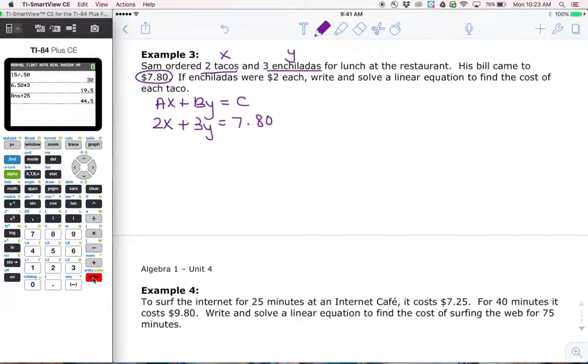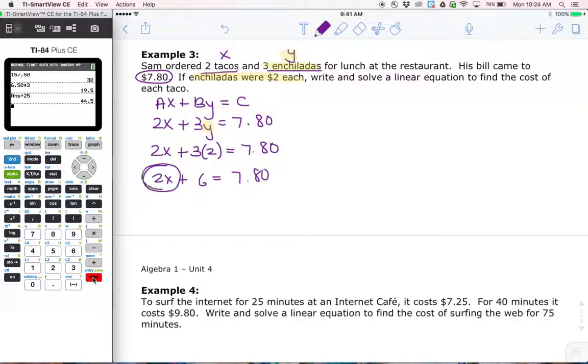And then we keep reading. If enchiladas were $2 each, and remember enchiladas are Y, and I bought 3 of them at $2 each. So didn't I spend $6 on enchiladas? Well, yeah, right? I bought 3 of them for $2 each. So 2 tacos plus this enchilada price is supposed to be giving me $7.80.